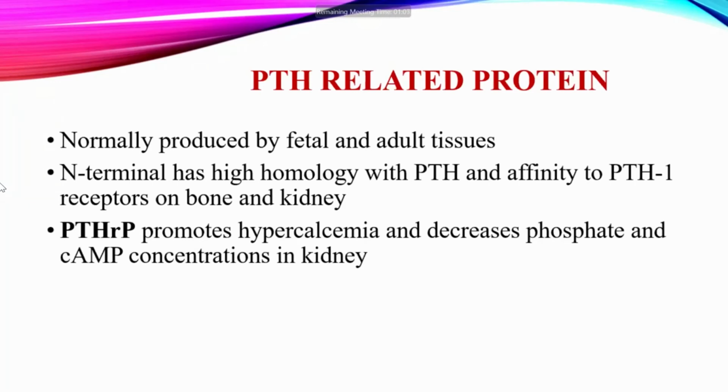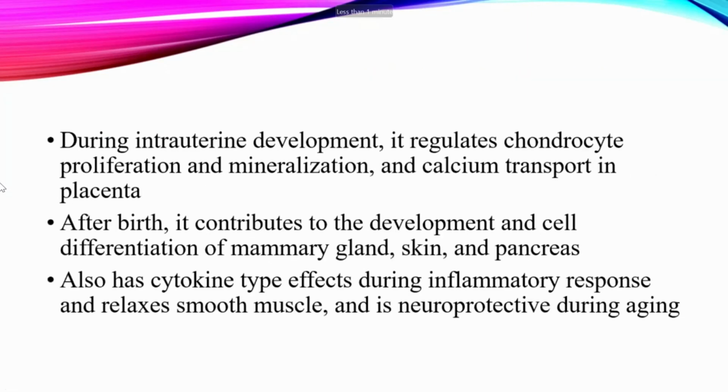And this parathyroid hormone related protein promotes hypercalcemia and decreased phosphate and cyclic AMP concentrations in the kidney. So like parathyroid hormone, it also causes hypercalcemia and hypophosphatemia, so its activity on the kidney is similar.